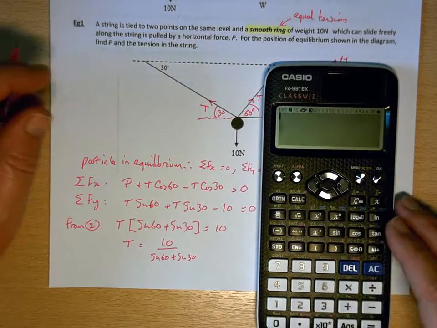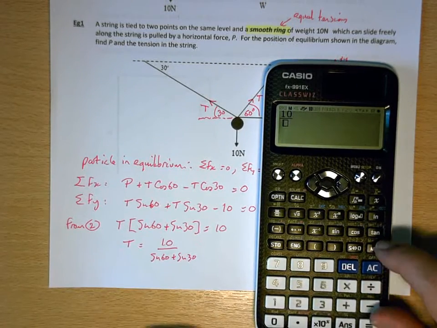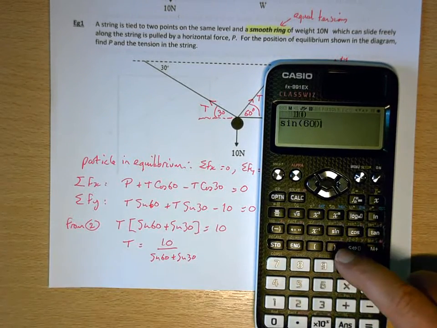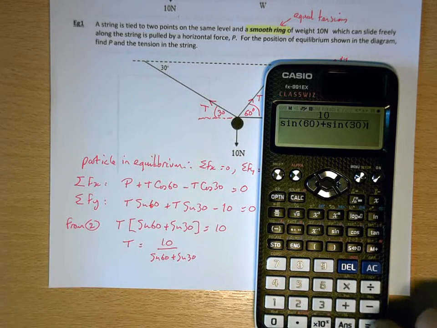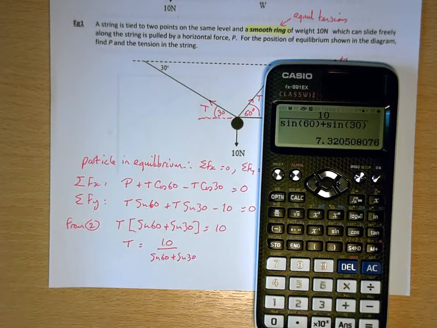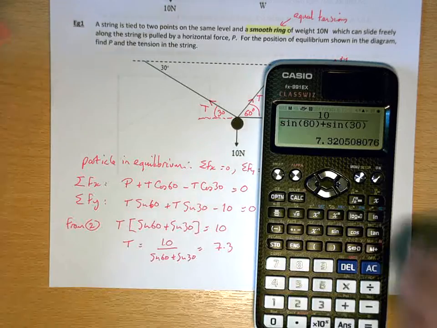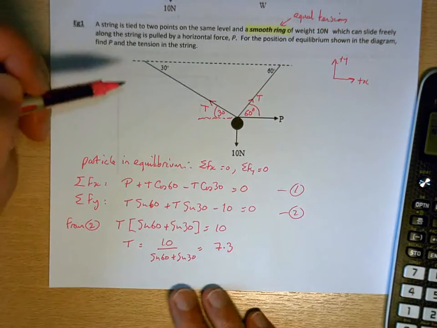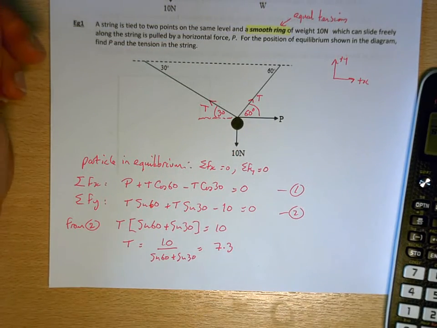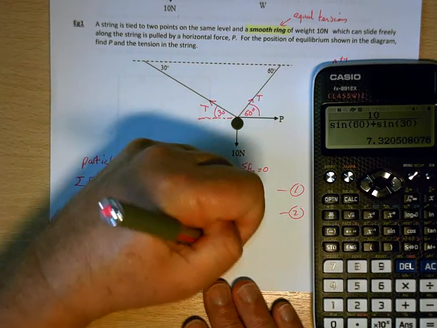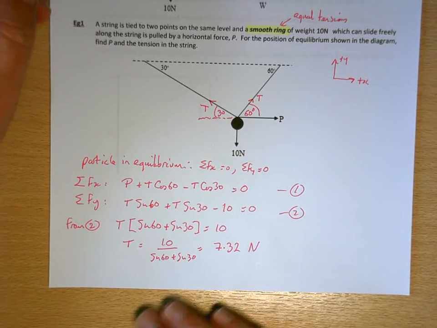So on our calculator, I can go straight in, 10 in the numerator, and then in the denominator sin 60 close bracket plus sin 30 close bracket equals 7.3. Now we haven't used g in that because it's been given to us as a weight, so I haven't rounded that. So you could put that as 7.32 newtons, but 7.3 would be fine as well.